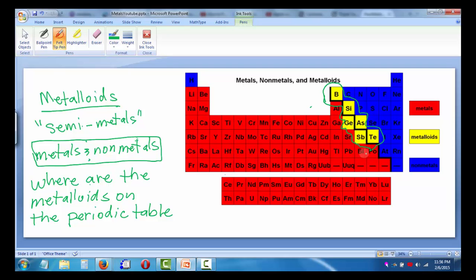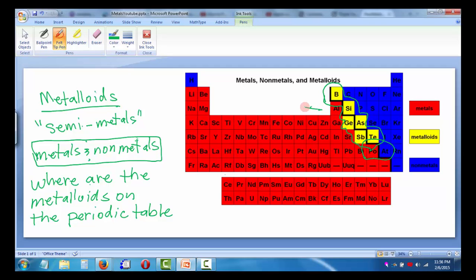If you notice here, these two elements are also along the staircase, and some textbooks consider these to be metalloids as well. But for the purpose of this class, I want you to distinctly remember these 6 elements as your metalloids.